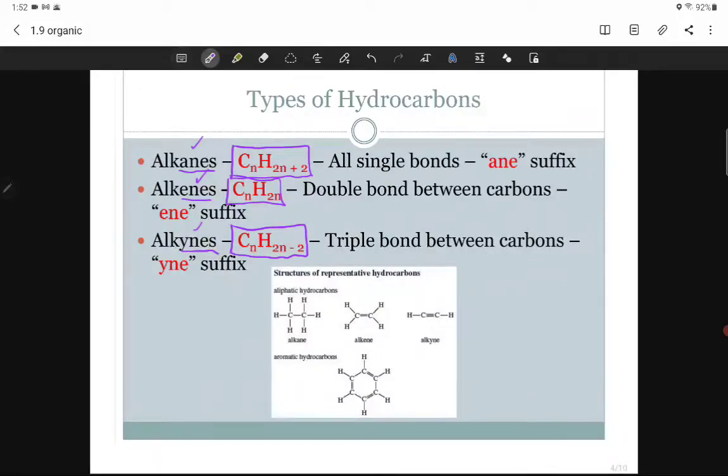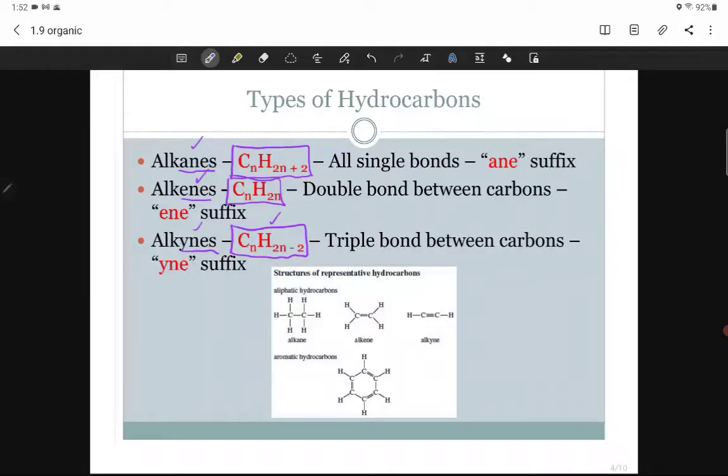So let's just do one of these ines. If I say I have 3 carbons, that's N. The hydrogen would have to be 2N, which is 2 times 3 is 6, minus 2 is 4. So that would be the arrangement there.